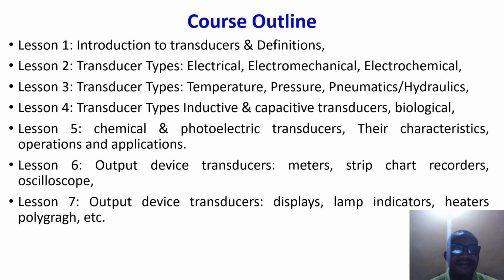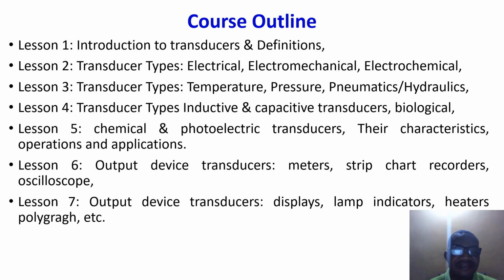In Lesson 4, we will also continue our discussion on transducer types. Our focus will be inductive and capacitive transducers and biological transducers. In Lesson 5, we'll discuss chemical and photoelectric transducers, their characteristics, operations, and applications.